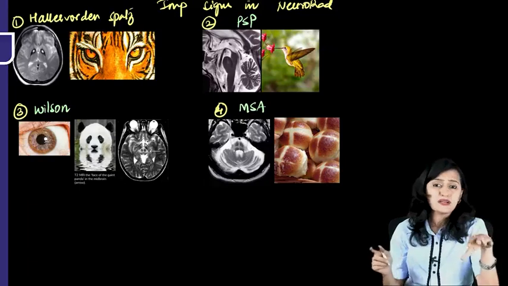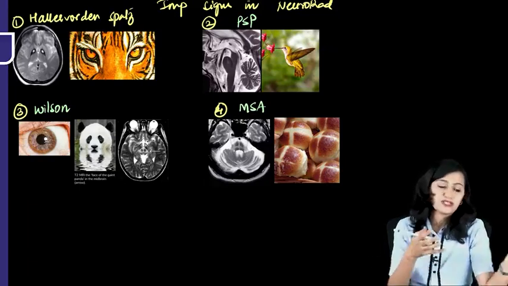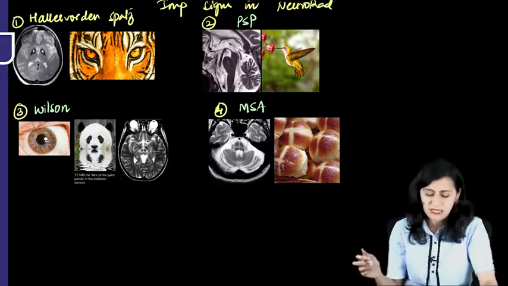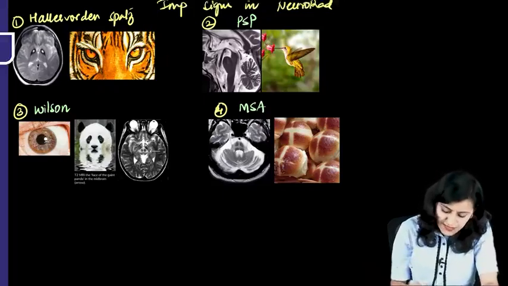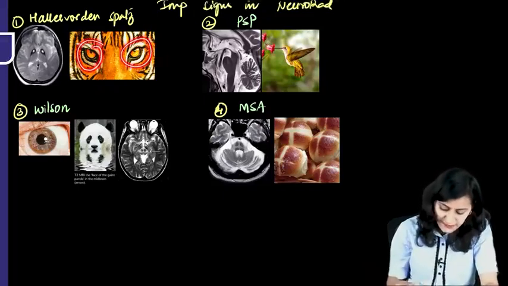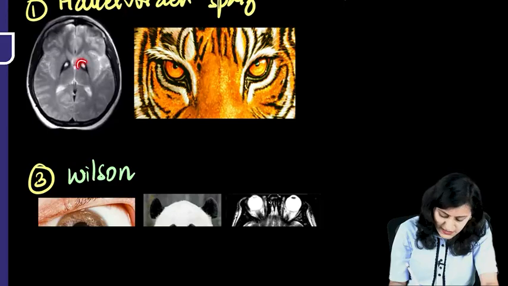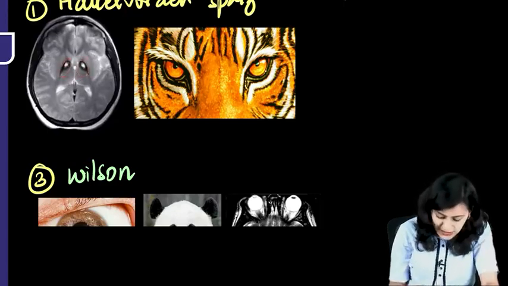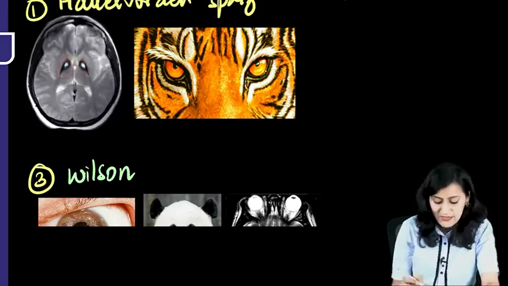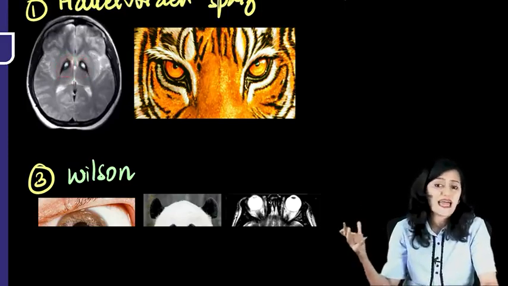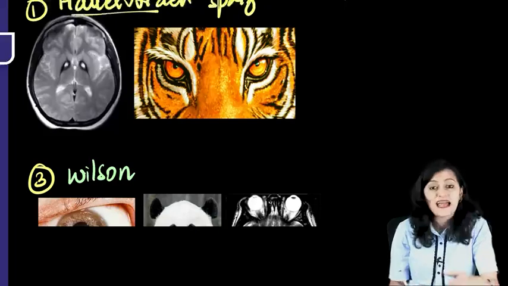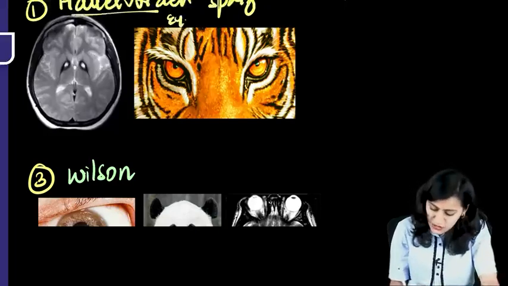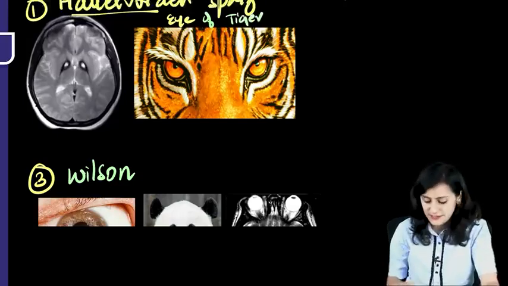Coming to some other important signs in neuroradiology, because we saw the racing car, the boxcar, let's complete the other signs here. So first one, the eye of tiger sign. What part of the brain is this? This is the globus pallidus, inside the putamen, showing this eye of tiger sign. Remember, tiger, scary, scary is Halloween. So Halloween, that is Hallervorden-Spatz disease, shows this eye of tiger sign in the globus pallidus.